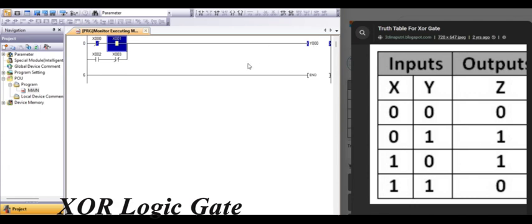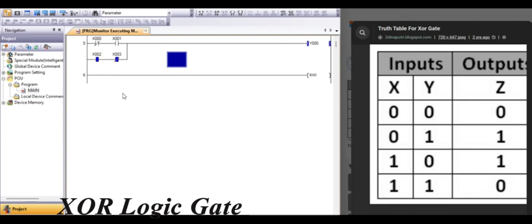If our input A is 1 and our input B is 0, then the output is energized.